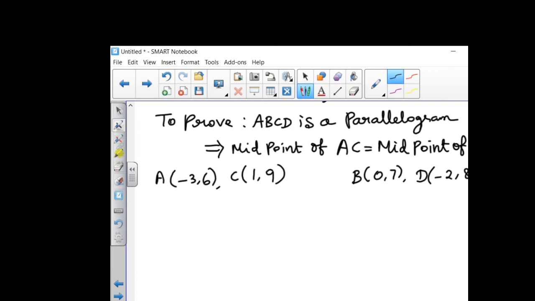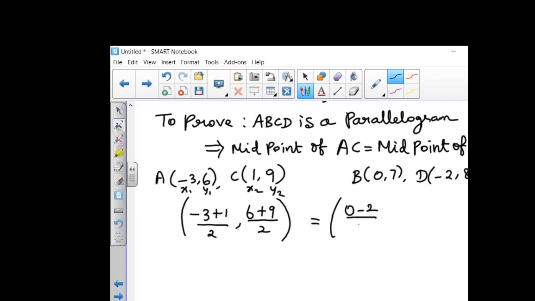We know the midpoint formula, so we can apply it. That is x1 plus x2 by 2, y1 plus y2 by 2. Therefore -3 plus 1 by 2, 6 plus 9 by 2. Here the BD values, that is 0 minus 2 by 2, 7 plus 8 by 2. So -3 plus 1 you will get -2, -2 by 2, if we cancel, you will get -1.